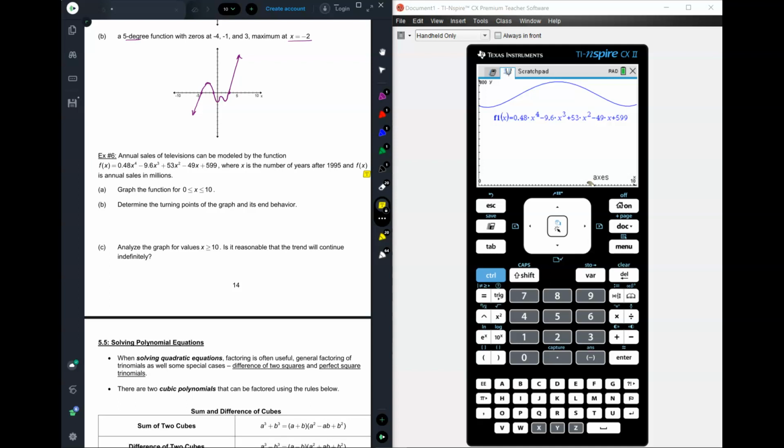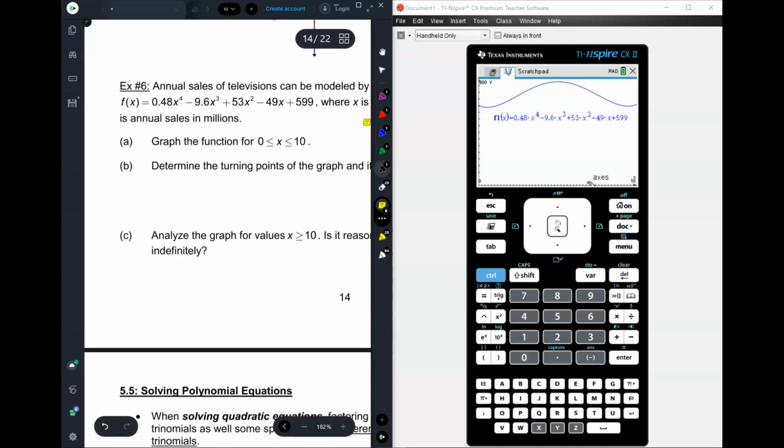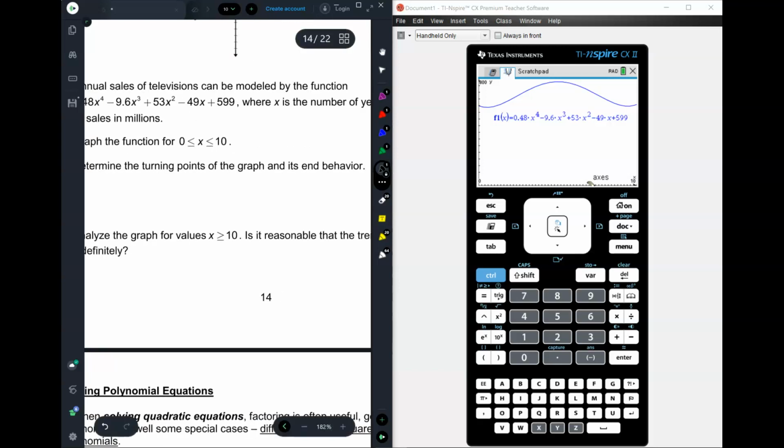That's the minimum. Mine doesn't show. I did the same as yours, and mine shows like this. Okay, let's see what we did here. So for Y min, we did 0. For Y max, you could do like 800 or more, that works too.